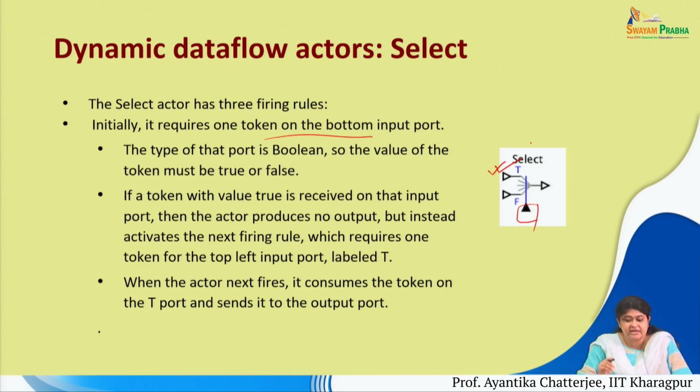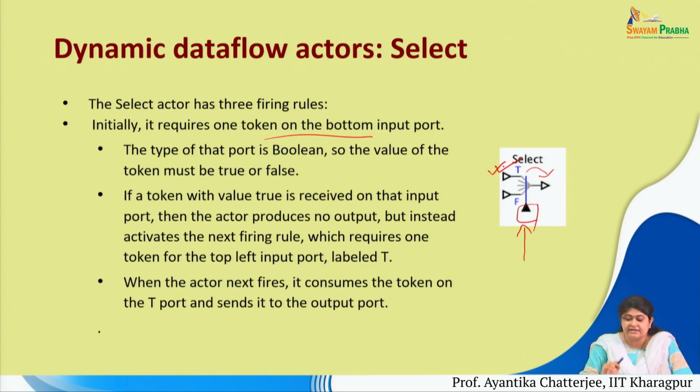If there is any token, that token will wait till the proper input is coming here, that is a condition given. If that true input is coming here, then only if any input token is present, this transition can get fired. That means the input to output mapping can take place from the top left port.